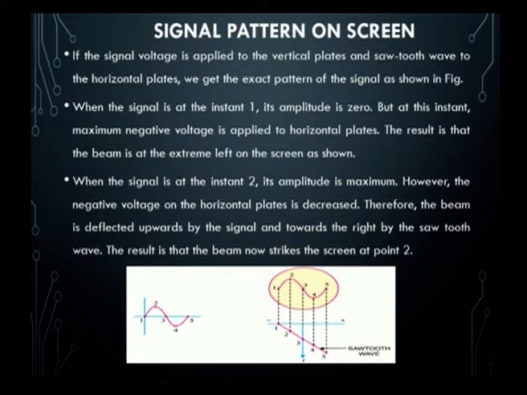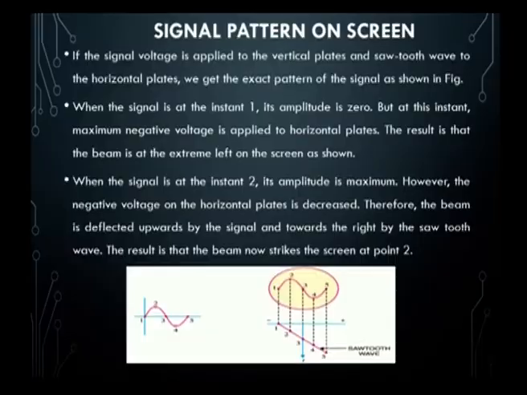We need to give the sinusoidal signal to the vertical plate, so that we can get the signal in the up and down position, that is, top to bottom. If we need to get the signal from left to right, we need to give a sawtooth wave to the horizontal plate.